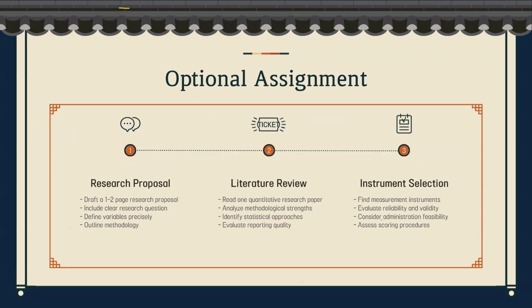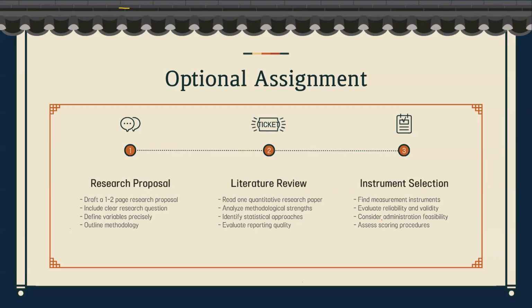We have an optional assignment to help reinforce your learning. You can choose one of these 3 tasks. 1. Draft a short 1 or 2 page research proposal using the framework we discussed. 2.